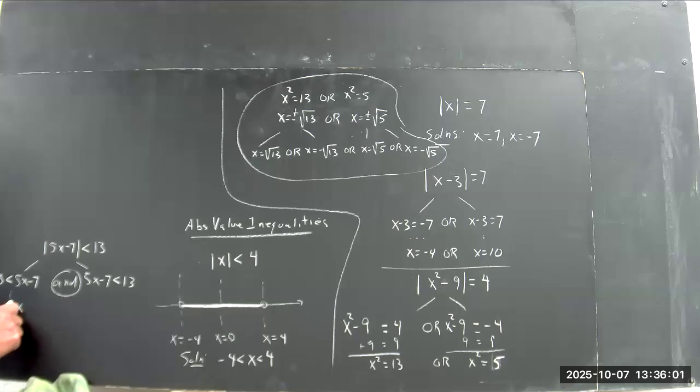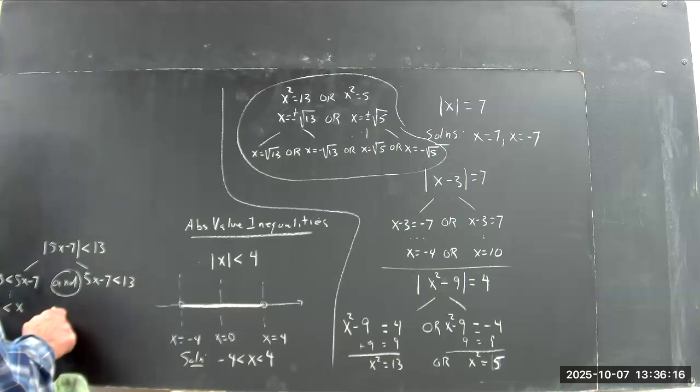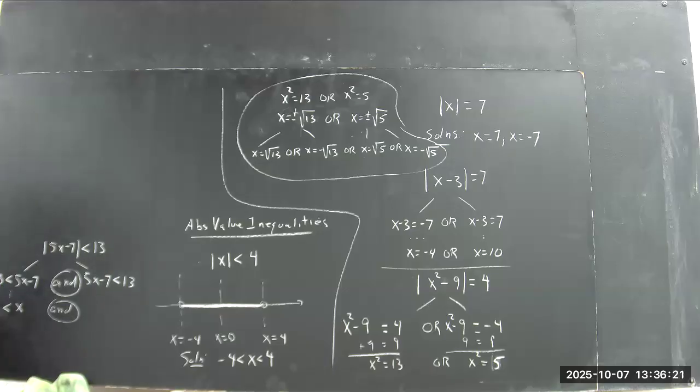Here, x is going to be greater than negative 6/5. x has to be greater than negative 6/5. I'm not going to go through the details of solving these equations.